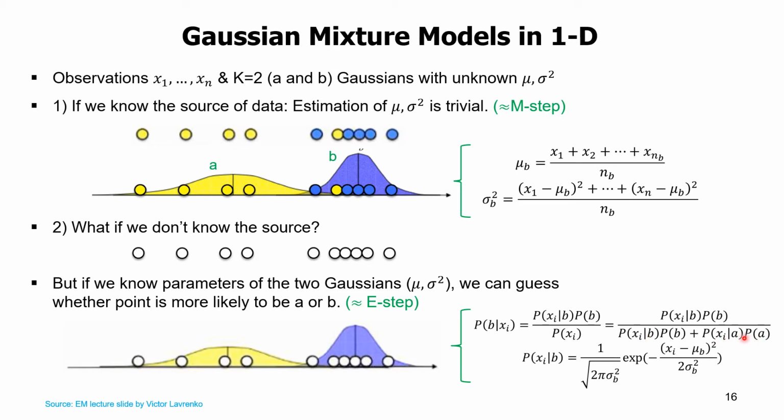You select Gaussian A first, and within that Gaussian A, Xi is generated from distribution A. That's what it means here. So these are all cases where Xi is selected from either A or B, and this is the case where Xi is selected from B. Finally, if you compare these two, this is the probability that Xi is selected from distribution B.